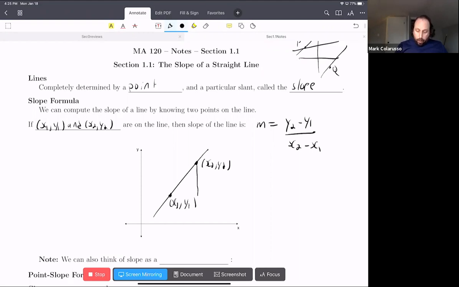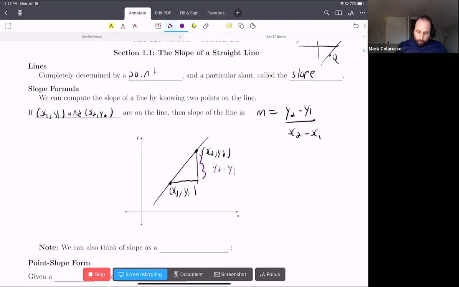The slope is the ratio of the difference in the y coordinates, y2 minus y1, to the difference in the x coordinates, which is here, this distance, x2 minus x1. And that ratio measures, in ways we'll make more precise later on, in some sense, how steep the line is or how quickly the line is changing.